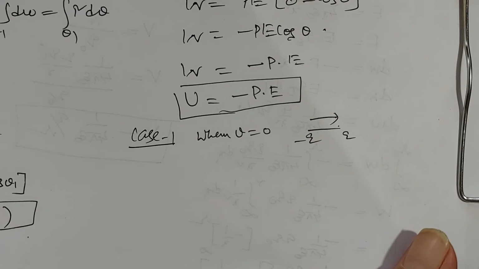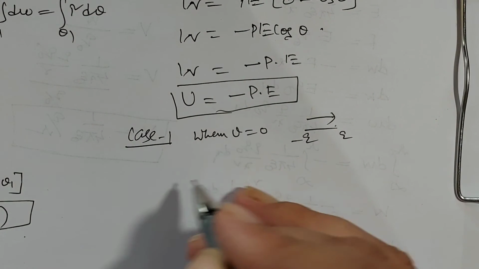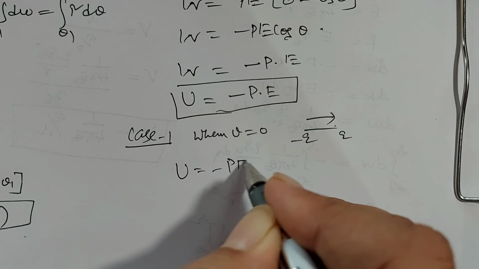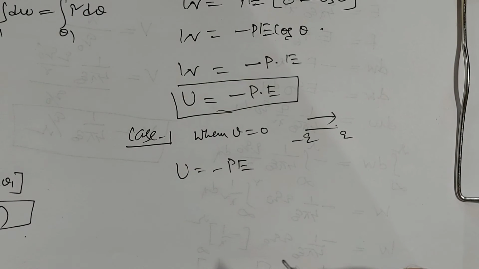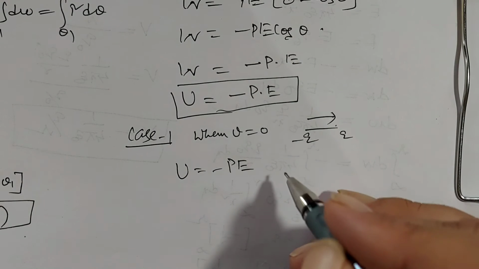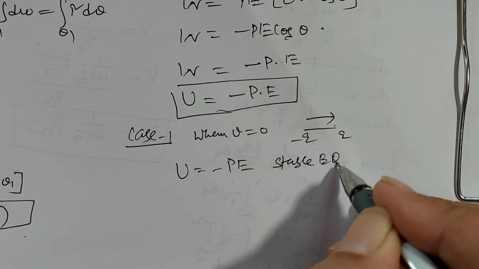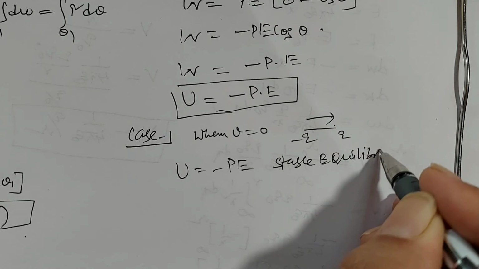Then potential energy is minimum, U is equal to minus PE. In this situation, the dipole is in equilibrium. That equilibrium is called stable equilibrium.